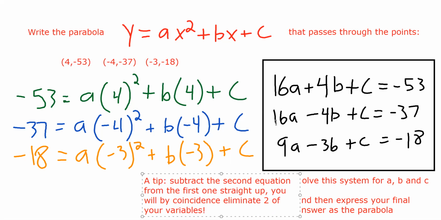So if I subtract the second equation from the first, 16a minus 16a, the a goes away, the b will not go away, the c will go away. So you'll just have a single equation with a single variable, b. You can solve for b really easily that way, and that will help to unravel the rest of it.